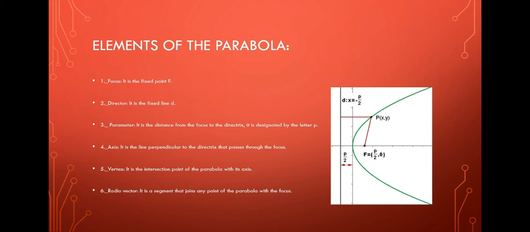Vertex is the intersection point of the parabola with its axis. Number 6, radius vector. It's a segment that joins any point of the parabola with the focus.